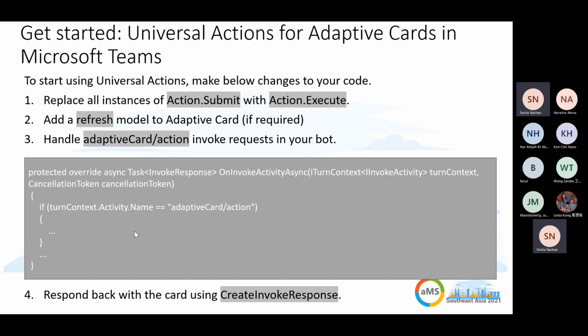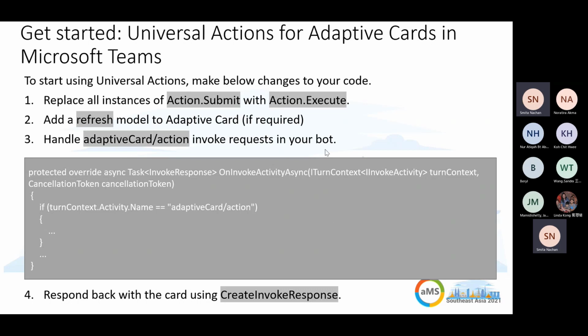Once we handle this particular request, we will see in the demo how we can handle this, and how we will be able to send only those user specific information to all of your users. And then again, we can respond back with the card using this create invoke response from the bot, so that every specific user will get his or her own view to deal with.